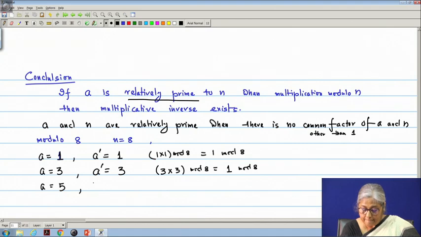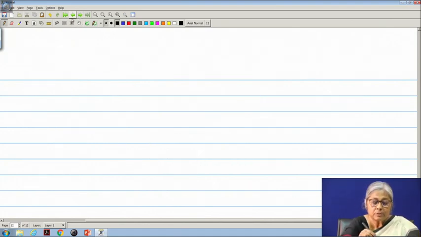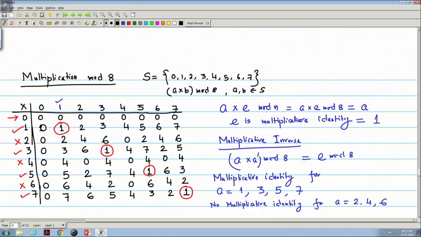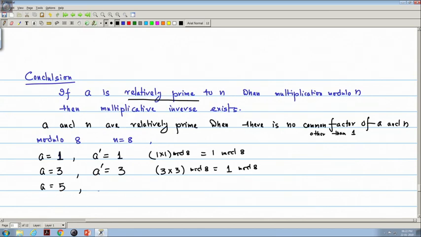It is 5 only, because 5 into 5 is 25, which is 8 into 3 plus 1. So, A dash equal to 5. So, 5 into 5 modulo 8 equal to 1 modulo 8.